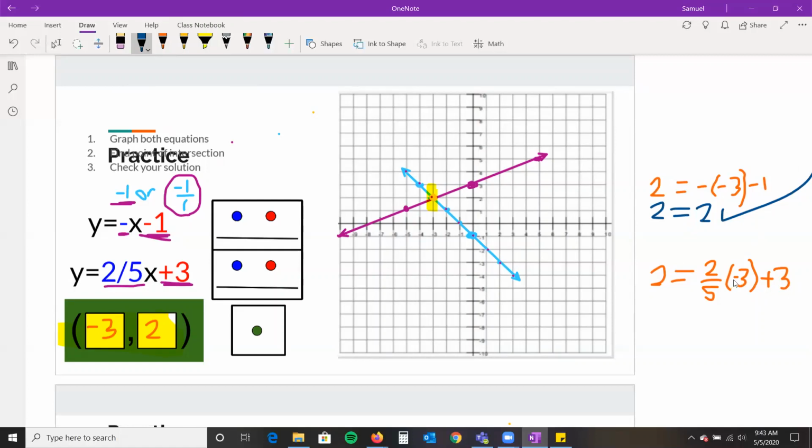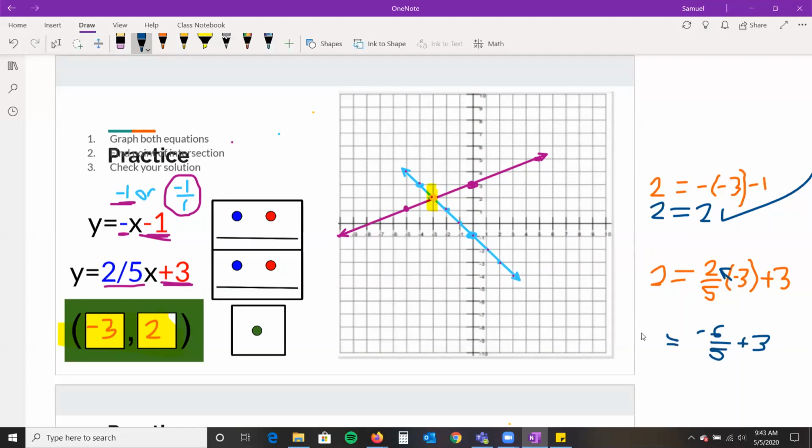And then I do the same here. -3, if we have a fraction, I could put it over 1 or just multiply it to the numerator. So -3 times 2 is -6 over 5, plus 3.